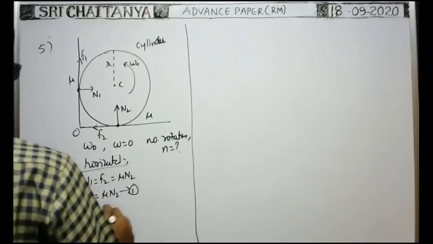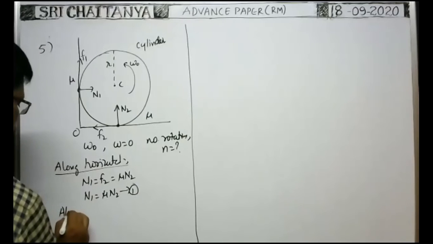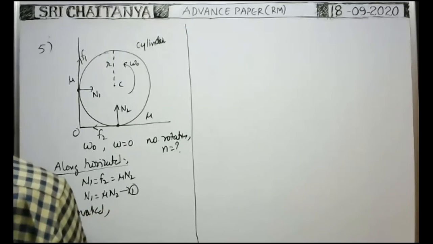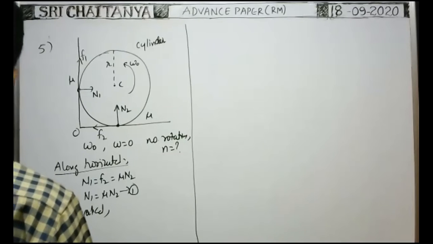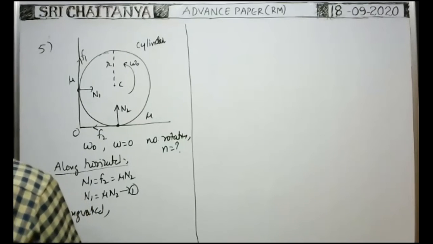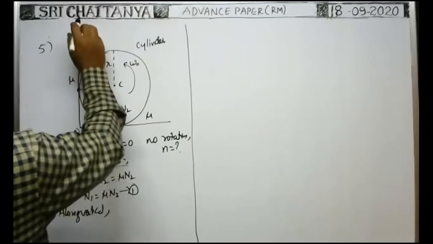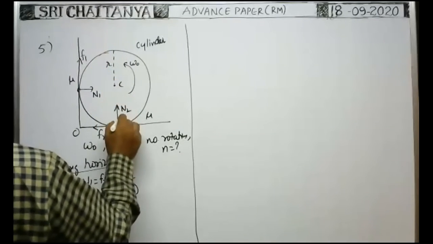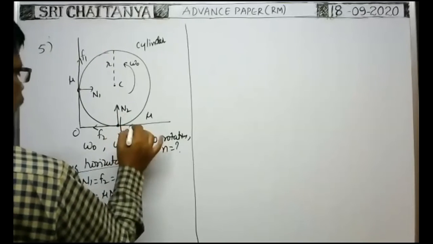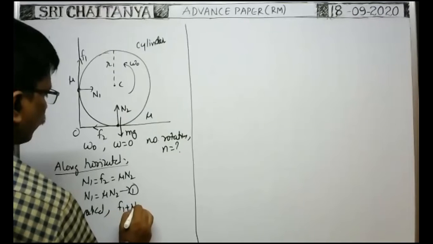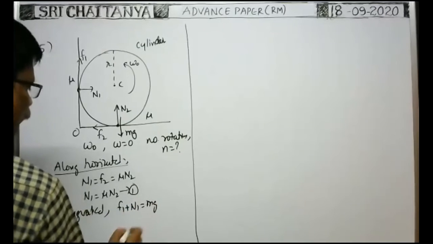Along the vertical direction, what are the forces acting? N2 acts vertically upwards and F1 acts vertically upwards, and weight mg acts vertically downwards, no? That's why along vertical, F1 plus N2 is equal to weight mg.